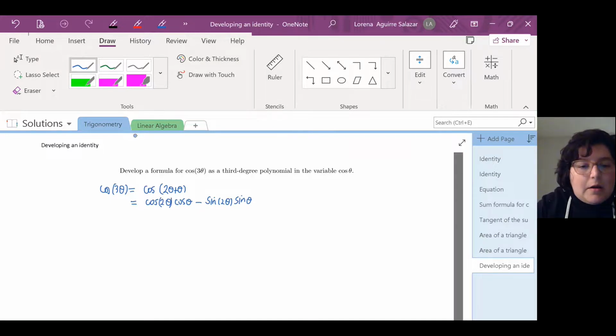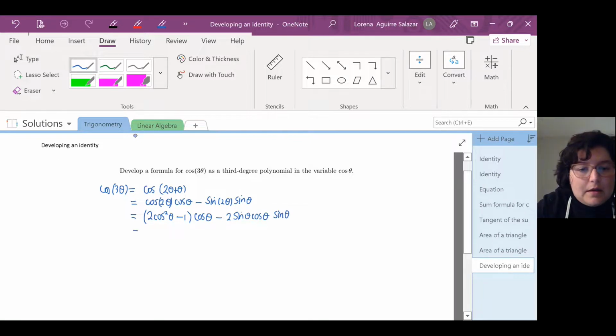And now we write cosine of twice theta in terms of cosine only, and this involves twice cosine squared of theta minus 1. All that gets multiplied by cosine of theta, and the sine of twice theta is the same as twice the sine of theta times the cosine of theta, and then all that gets multiplied by sine of theta.